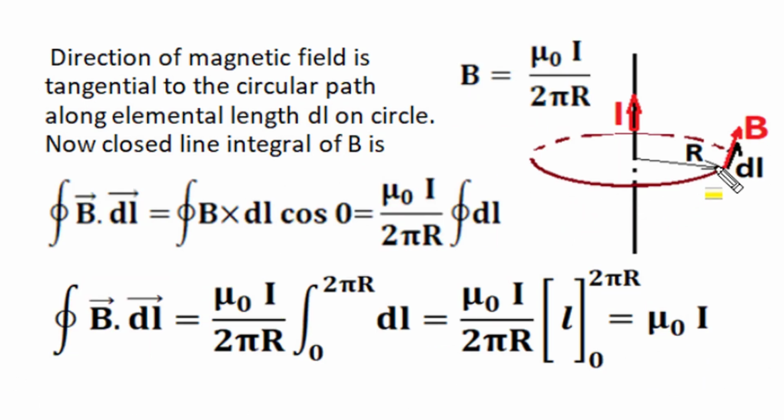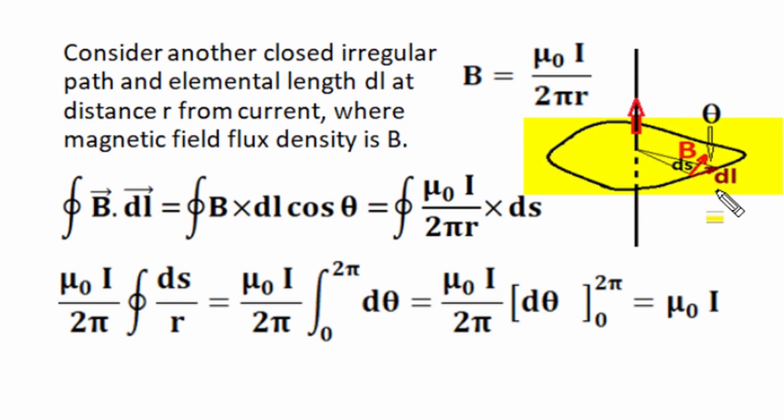In place of this symmetrical circular loop around the conductor, Ampere Circuital law, closed line integration of magnetic field flux density equal to mu 0 times enclosed current, can also be proved for unsymmetrical observation positions.